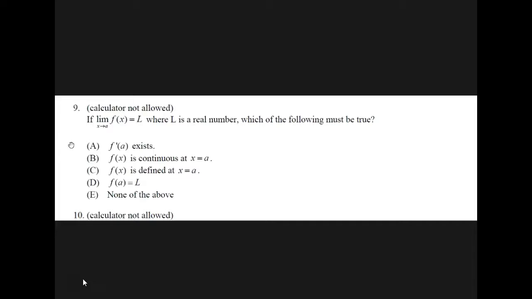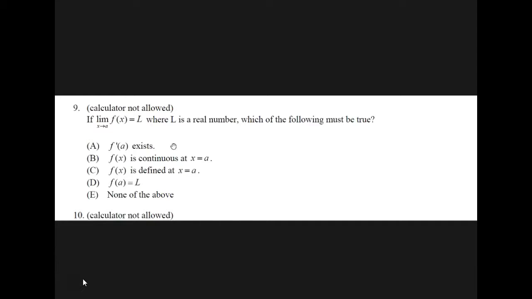Okay, so number 9 says if the limit as x approaches a of f of x equals L. So the minute I see this, I'm thinking, okay, if the limit exists, then the left-hand limit equals the right-hand limit. The limit is equal to L, where L is a real number. Which of the following must be true?